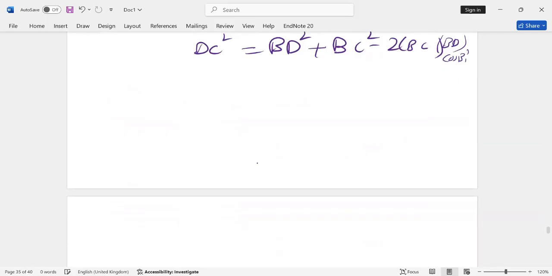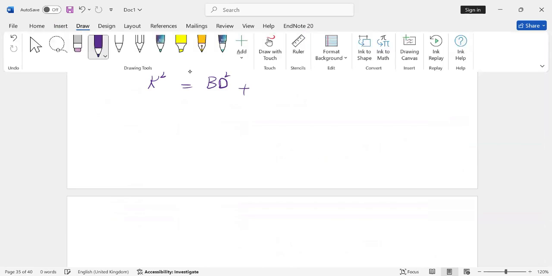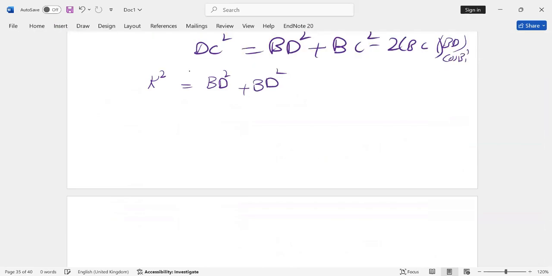So I'm just putting the values. We have the value of K square equals BD square plus BD square minus 2BD square cos of 180 minus 2 theta, okay, 180 degree.